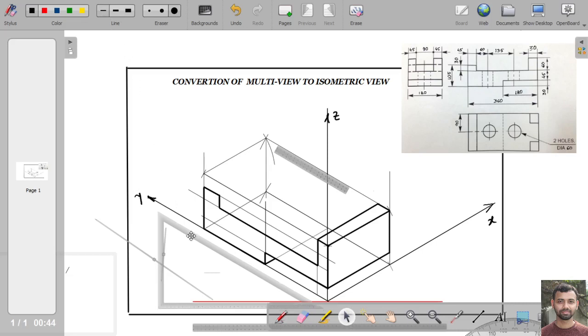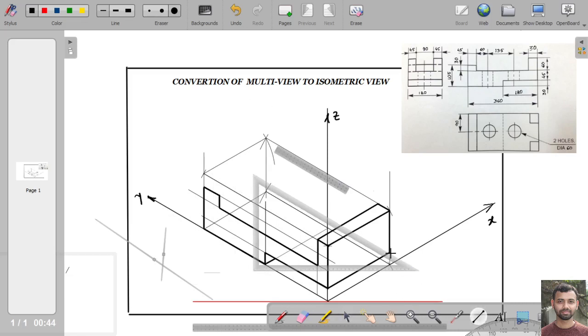So the next isometric lines will be, okay. From these points also we will get some isometric lines. So from this point also we will get some isometric lines. Okay, so from these points also we will get some isometric lines.